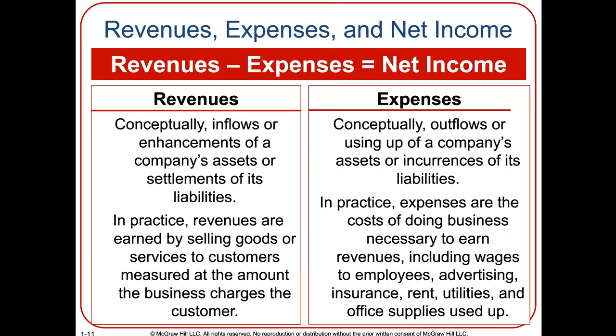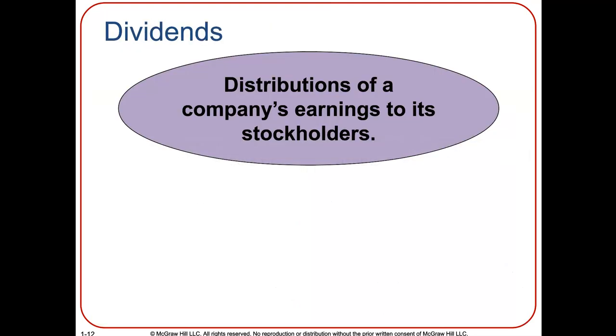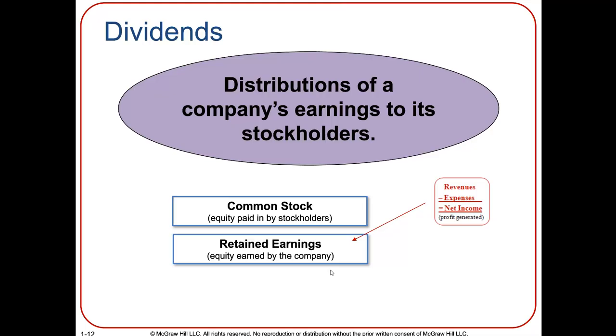Something like that. Okay? Now that gives you context for what we're getting ready to talk about with dividends, okay? Dividends are simply distributions of the company's earnings to stockholders, okay?